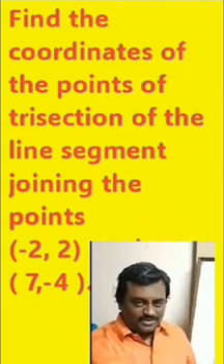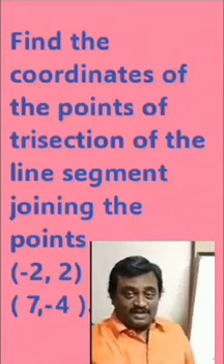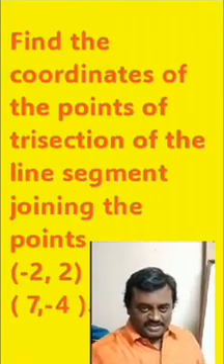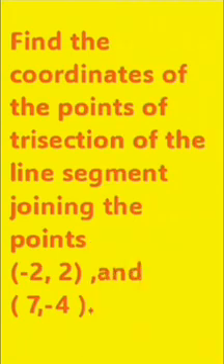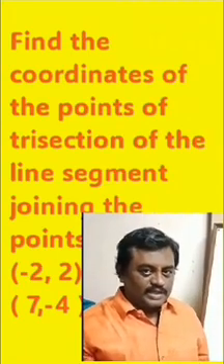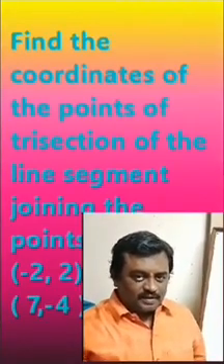For this question you have to find two points. Suppose we take the first point as P. So P divides the line segment in the ratio 1 is to 2, and another point, say Q, divides that line segment in 2 is to 1.